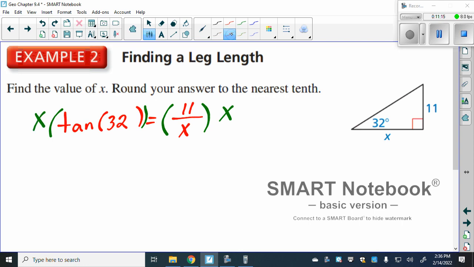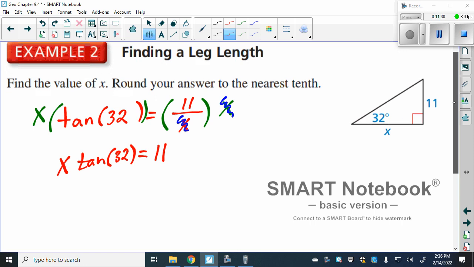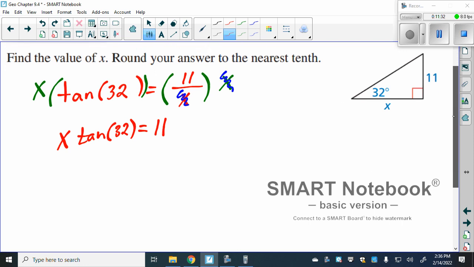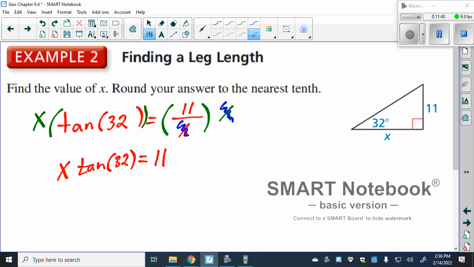And we do that because we want this x and this x to cancel out, which tells me that x times tangent of 32 degrees is equal to 11. Now, is the variable by itself? No. So we need to do one more step. Yes, we're going to divide both sides by tangent of 32 degrees.